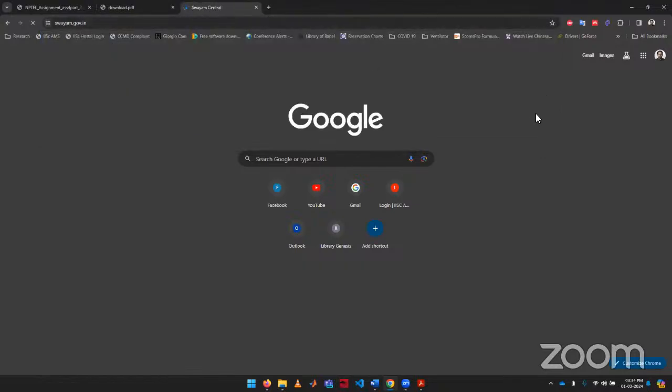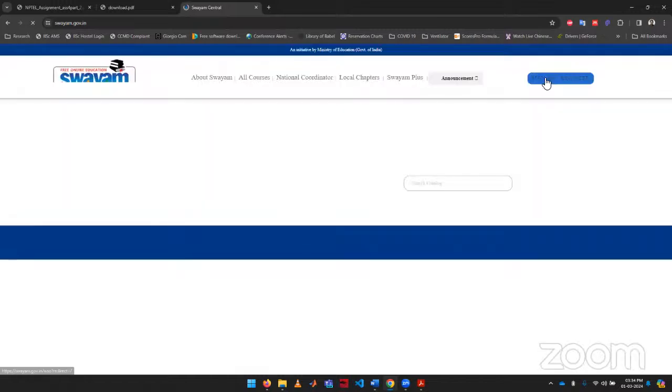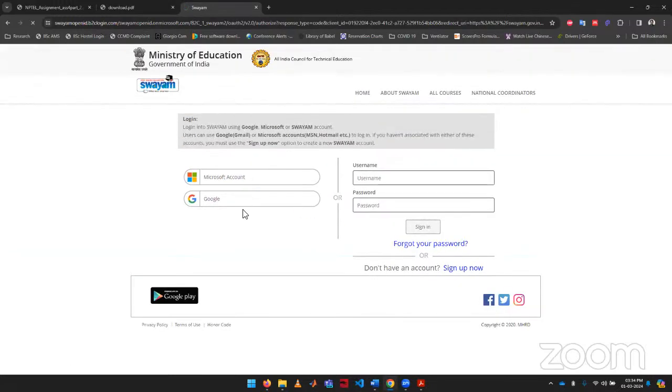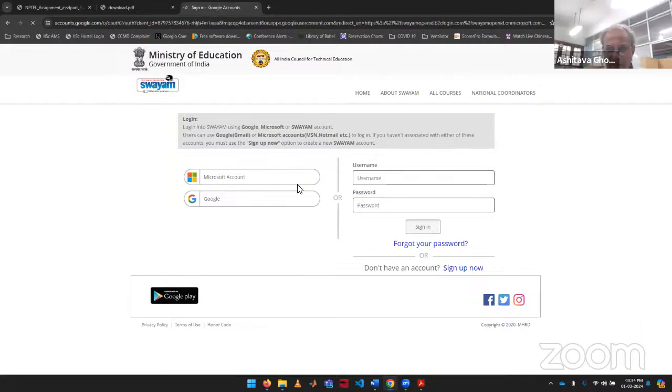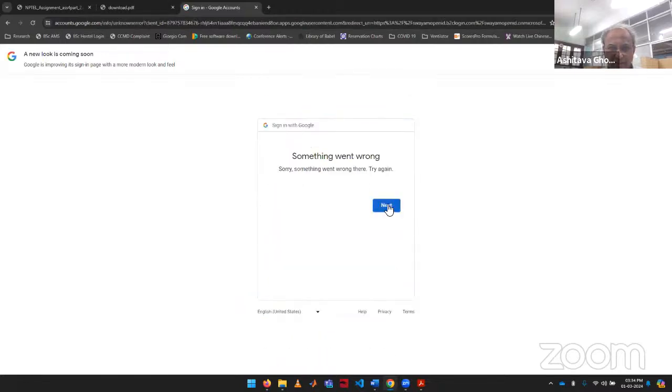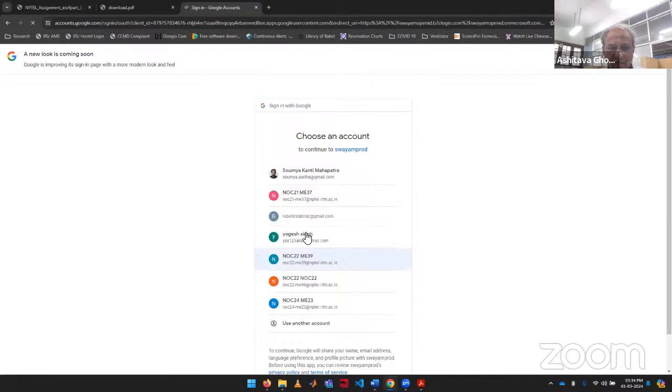You are using the Swayam portal to get it. Can everybody see the screen? This is the Ministry of Education, and then you have to log in, and then you have to choose the correct one.